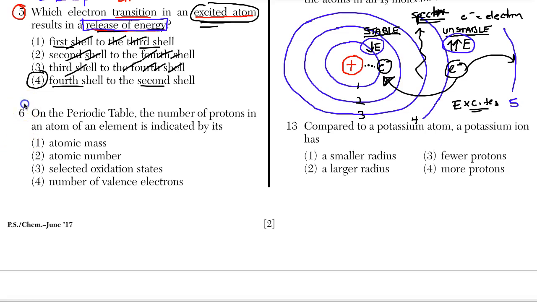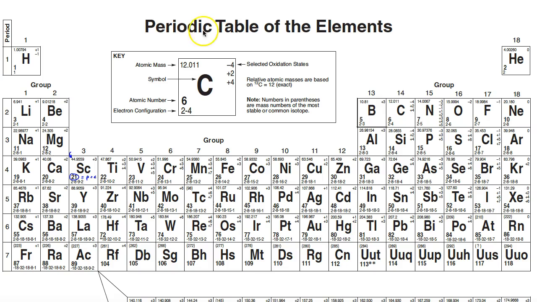Number 6. On the periodic table, the number of protons of an atom of an element is indicated by its what? If you have no clue how to do this, let's go to the periodic table to show you where the hints are. And voila, here we are, the periodic table, the one you'll have for the test. Now, in the key area, we have some things here. Selected oxidation states, the relative atomic masses are based on carbon-12.